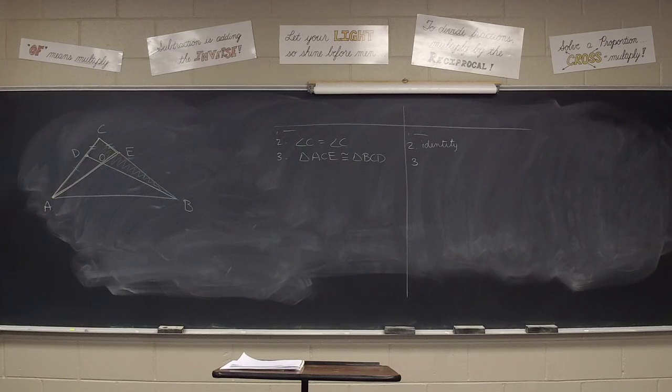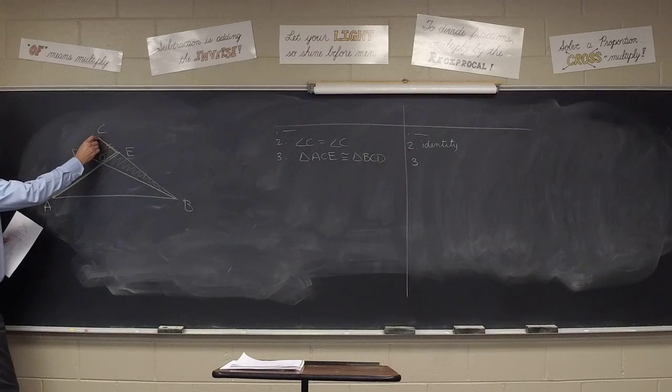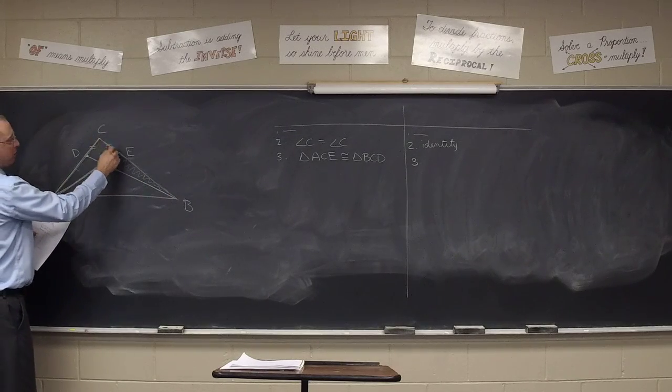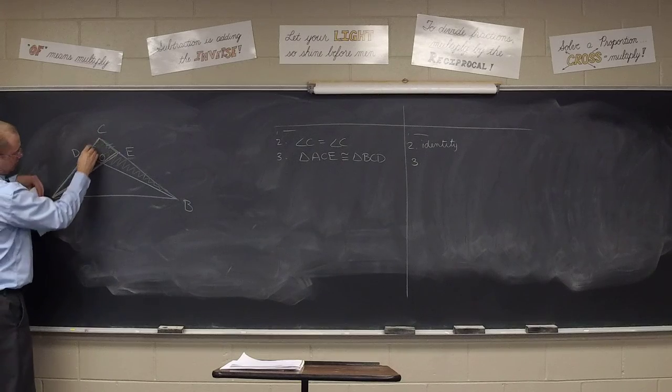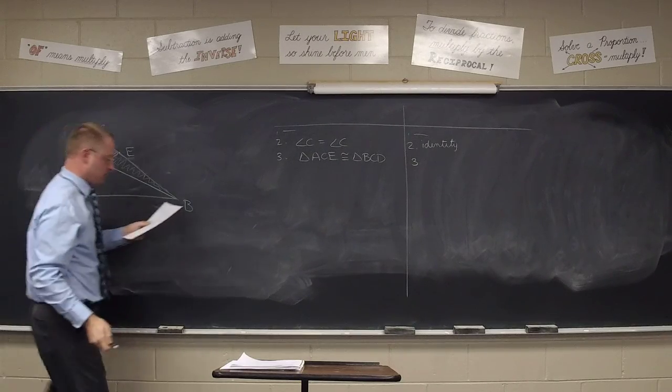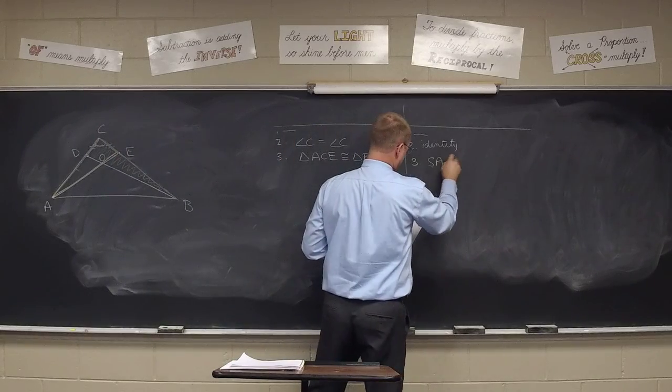Why are those two, the yellow outline and the yellow shading, why would those two triangles have to be congruent to each other? Josh? Side. Good. The entire side here equals this entire side here. And then this little piece of the yellow equals this little piece of the yellow shade. And then in between we have angle C and angle C. So side, angle, side.